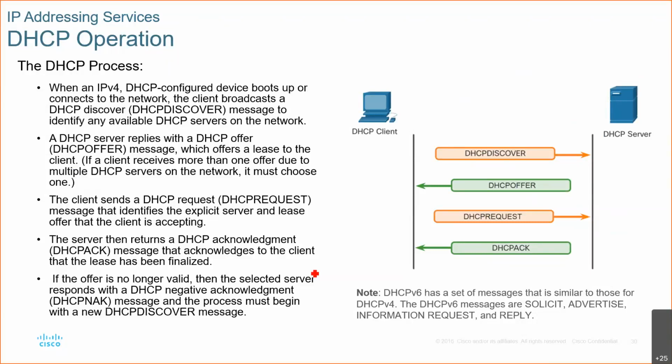If for some reason that IP address is already taken or it's not valid, then instead of giving a DHCP acknowledgement, the server will give a DHCP NAK, a negative acknowledgement. It won't give that IP address. After that, the client has to start again with DHCP discover, looking for another IP address. So this is how it works.